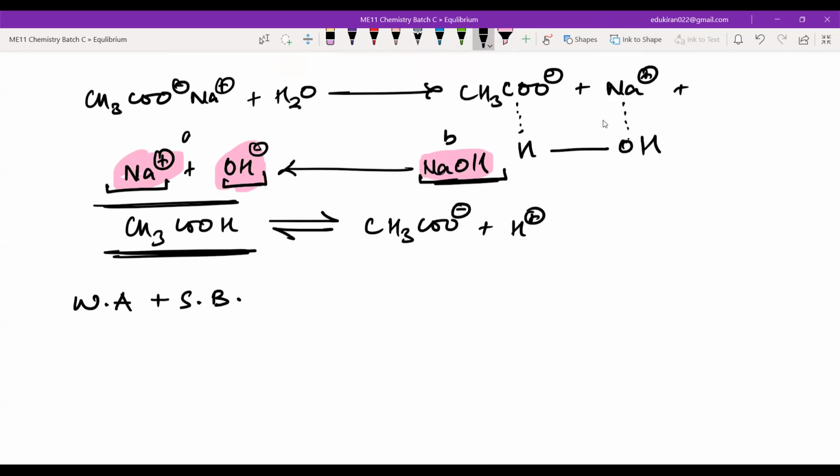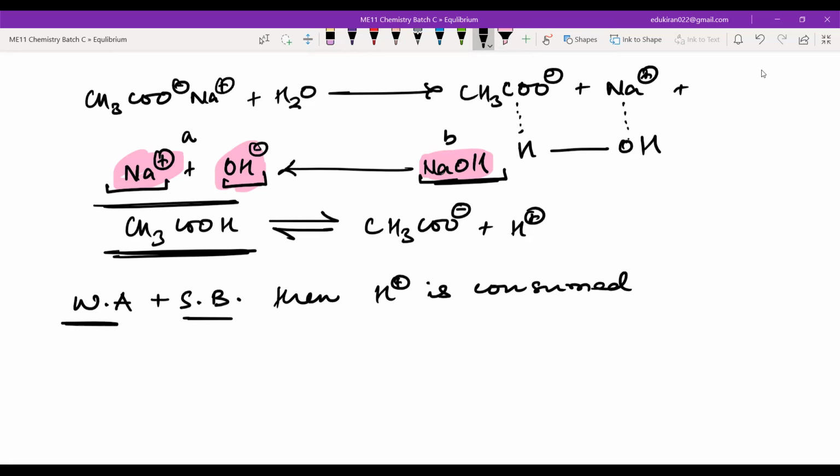It will be on the dissociated side, no? It will be completely dissociated, right? NaOH will be completely dissociated, but CH3COO negative will be eating up some hydrogen. That means when we have weak acid and strong base, then H plus is consumed.